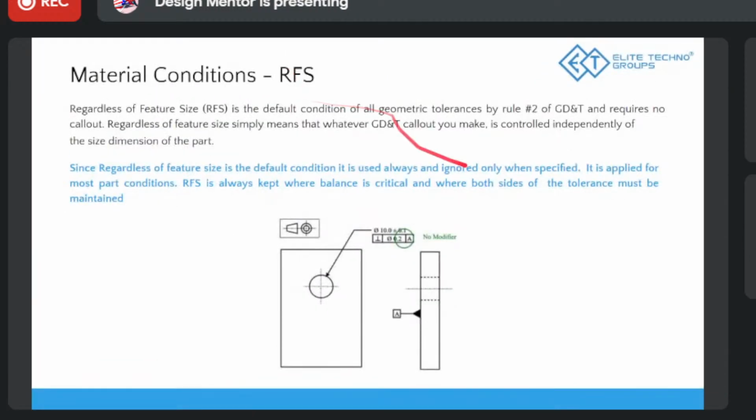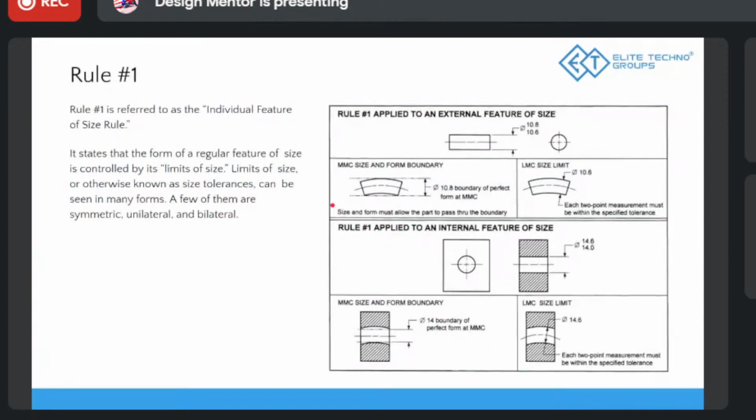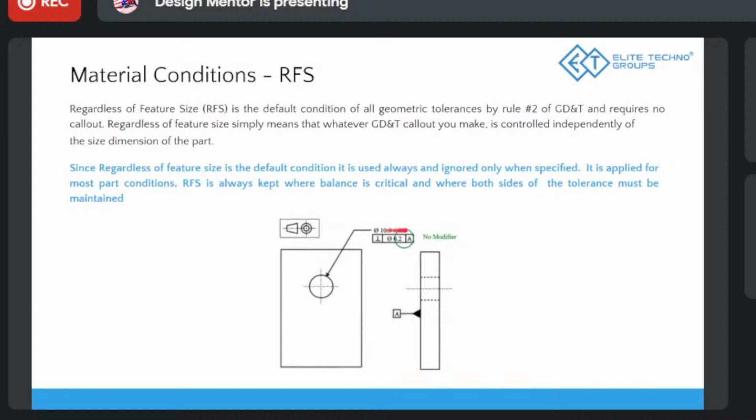Let's come back to the course, back to the video, the PPT, and move further. So there's RFS also. This is where you want lots of precision. If the part is not made within a certain precision, we reject it. Here you can see the dimension given above, and this is the positional tolerance given in the box.